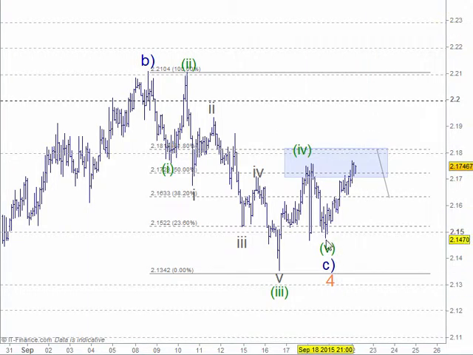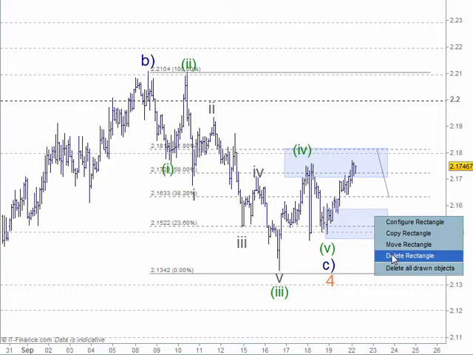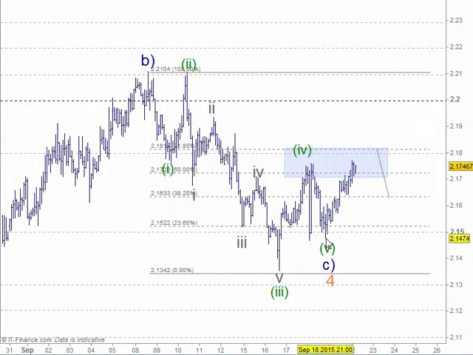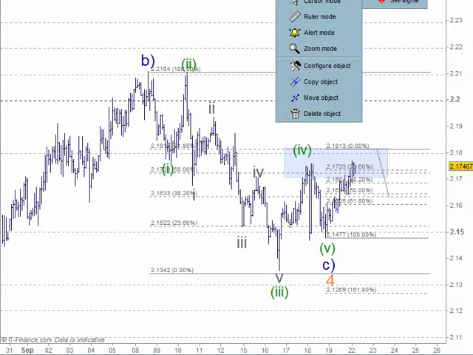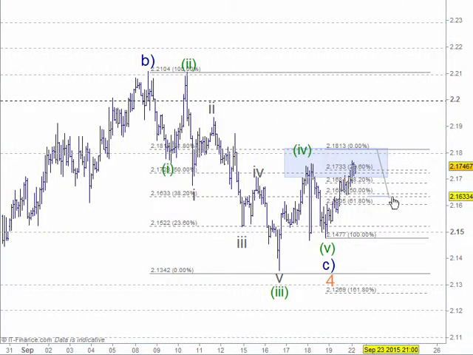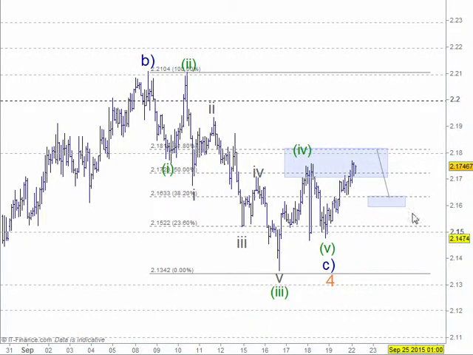So let's just assume that we're going to get a high at 218 here. We could do that, and then we could look at the retracement level here. So that's where we can expect it to pull back to after it moves to the 18 here.